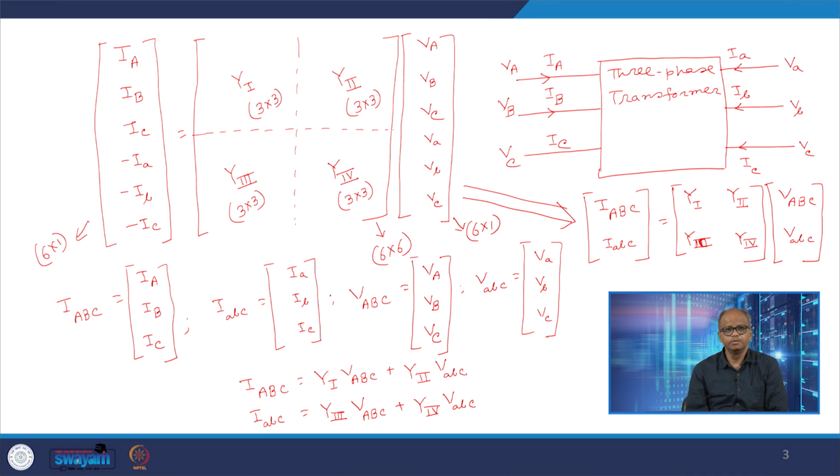So, these would be the relations. As we said, when we are talking about a transformer model, we are simply talking about the determination of this 6 cross 6 matrix, or in other words, the determination of these 4 3 cross 3 matrices Y1, Y2, Y3, Y4.